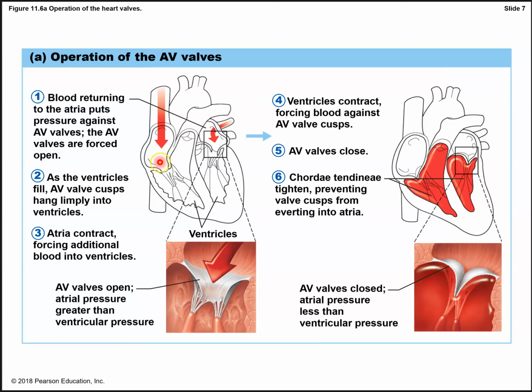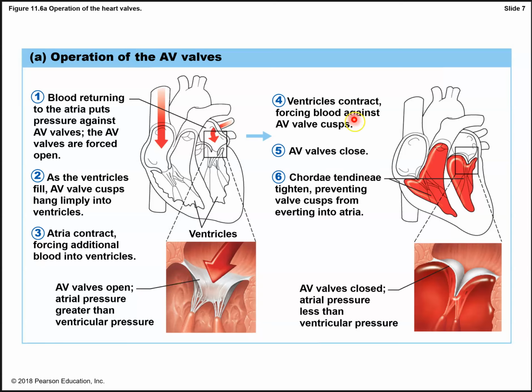They open up into the right atrium, and as the ventricles passively fill up during relaxation, the AV valves are open, and when the atria contract, they squeeze additional blood into the ventricles. So at this point, the AV valves are open due to atrial pressure. So the atrium is squeezing blood into the ventricle at this point.